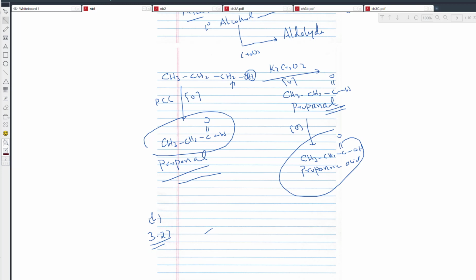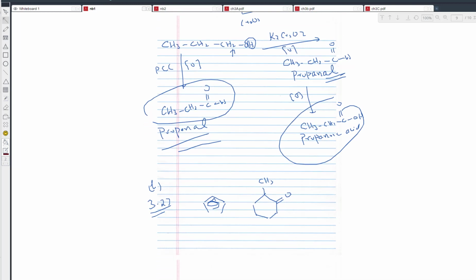Because this is a ketone with a cyclohexene ring, I can get it from a secondary alcohol. It's called retrosynthesis, going in the backward direction.